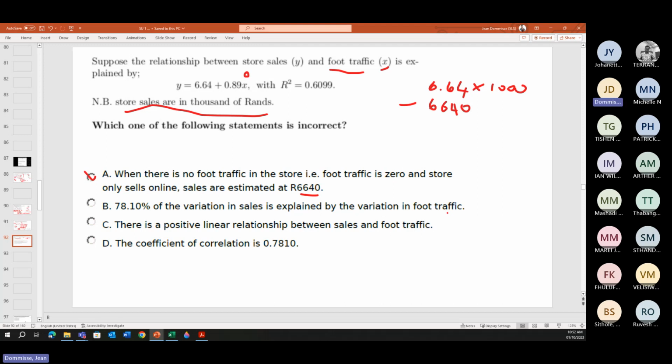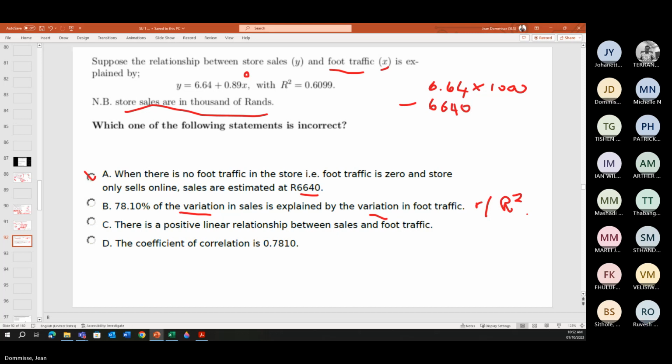Okay, so if we look at this definition, variation in sales is explained by variation in foot traffic. Is it referring to R or R square? What would you guys have said? I would have mentioned the R squared.